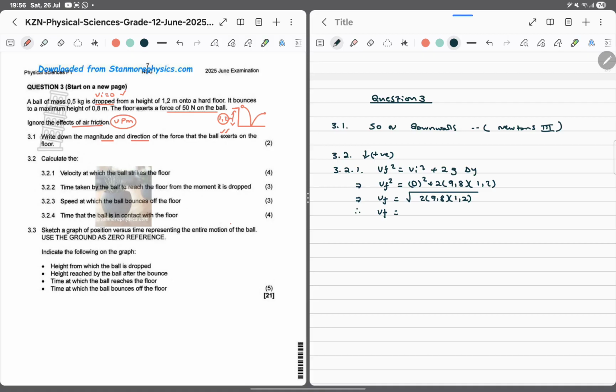So 2 into 9,8 into 1,2, and we take the square root. We get 4,85 to 2 decimal places, meters per second. Now remember, question said velocity. So velocity is a vector. So this is downwards.